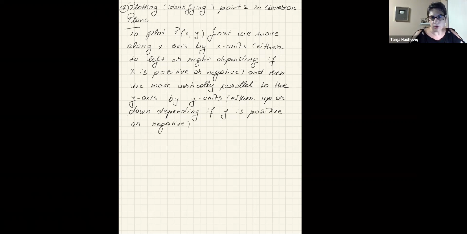Okay, so let us do some examples. We want to plot the following points. Point P1 with coordinates minus 3, 1. Point P2 with coordinates 0, 3.